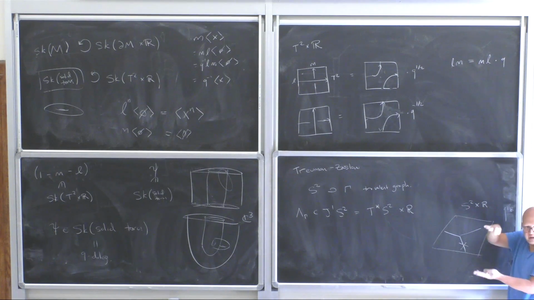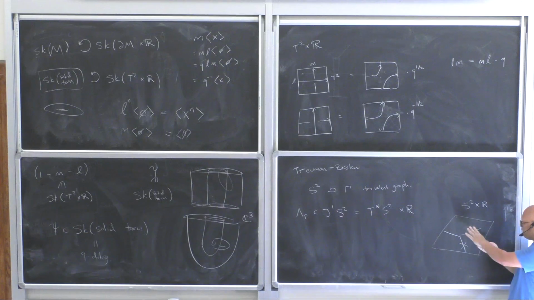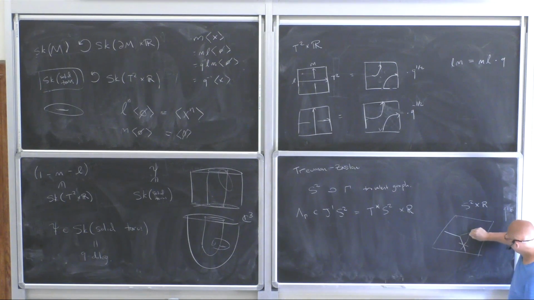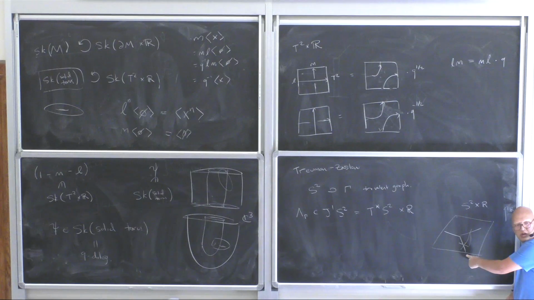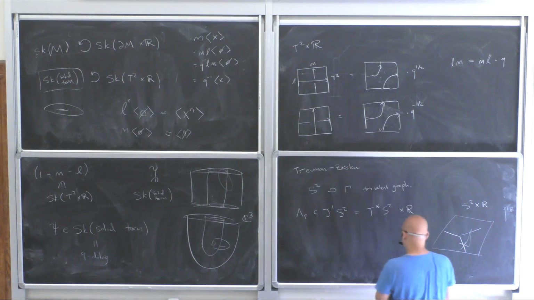It's like a double cover. I mean, if you project down to S2, you get a double cover. And there's a region above each face and a region below each face. I would say there are two sheets above each face, and then they cross when you go across this line. Does it make sense what I'm saying? I mean, the picture transverse to the line.